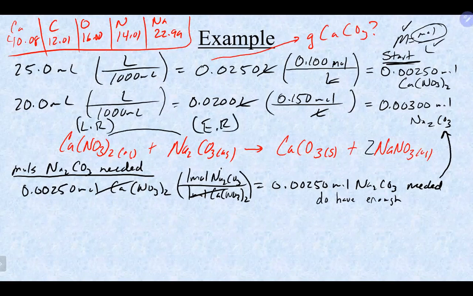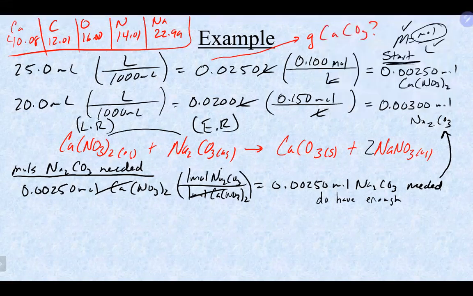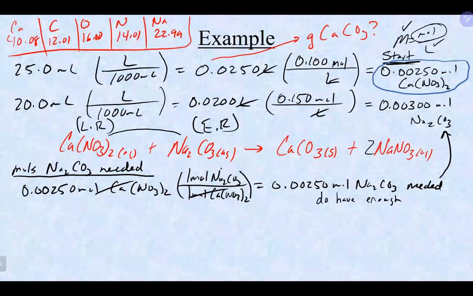Any questions on that? Remember that once you've determined which one is your limiting reagent, that is the one that determines how much product you will make. So we use the starting amount of our limiting reagent, 0.0025 moles of calcium nitrate.